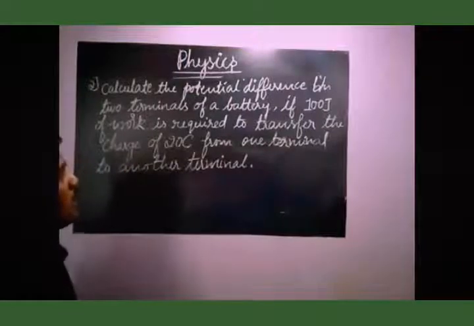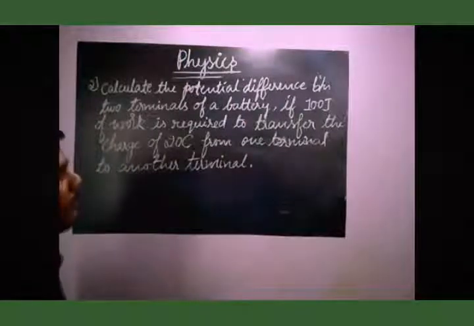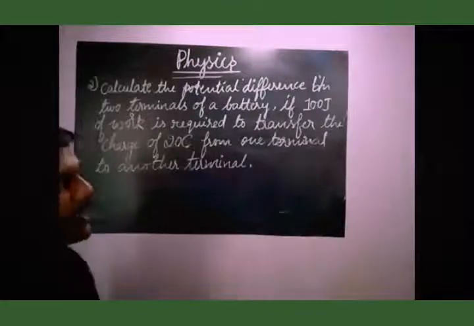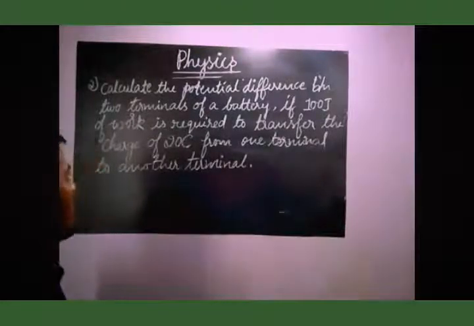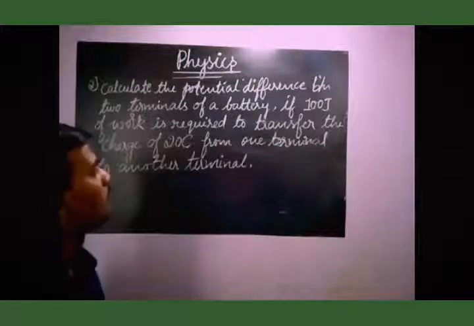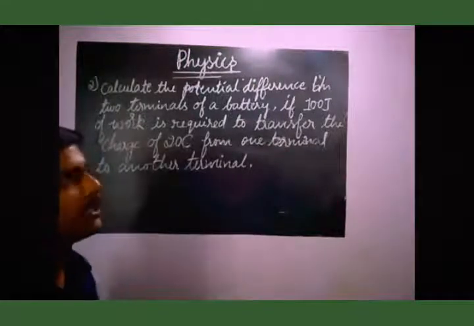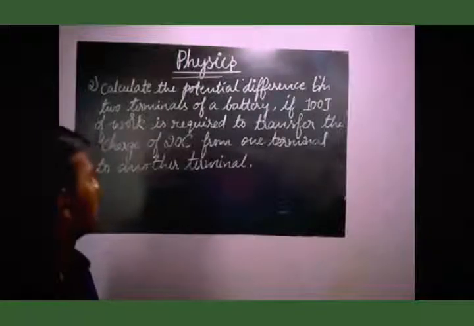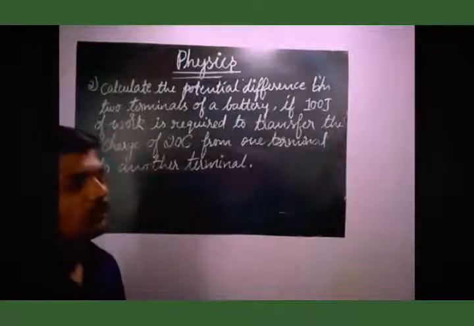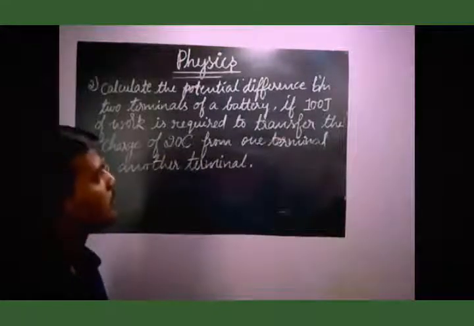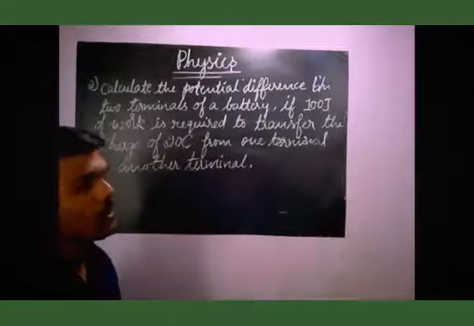Calculate the potential difference between two terminals of a battery if 100 joule of work is required to transfer a charge of 20 coulomb from one terminal of the battery to another terminal. Here you need to transfer 20 coulomb of charge from one terminal to another, and it requires 100 joule of work.